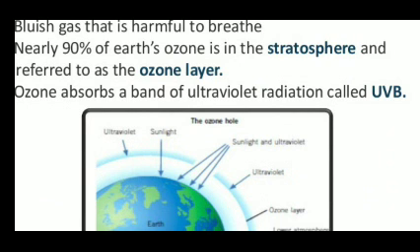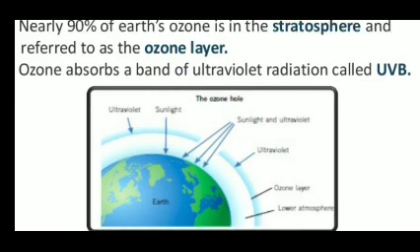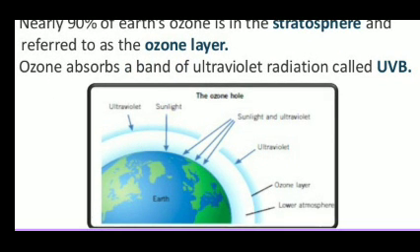Only sunlight falls on the earth. When a hole forms in the ozone layer, sunlight and UV rays fall directly on earth. Ultraviolet rays are blocked by the ozone layer, which is around the earth.